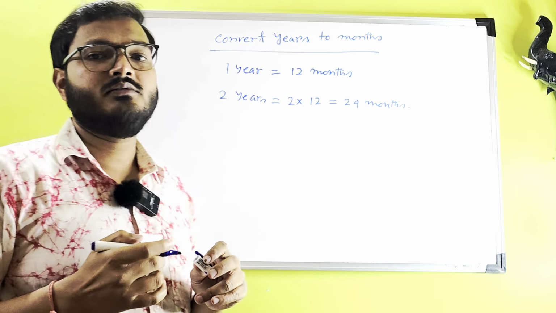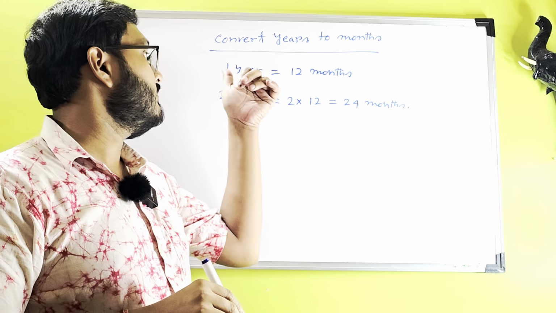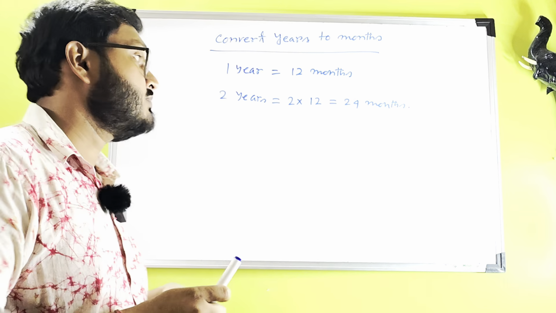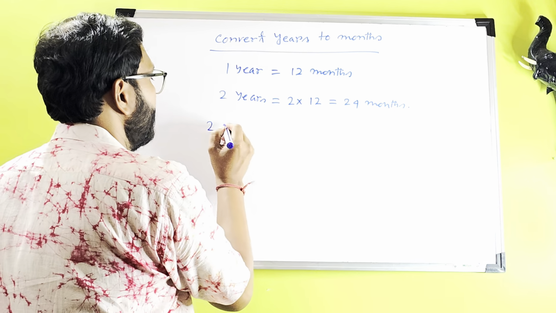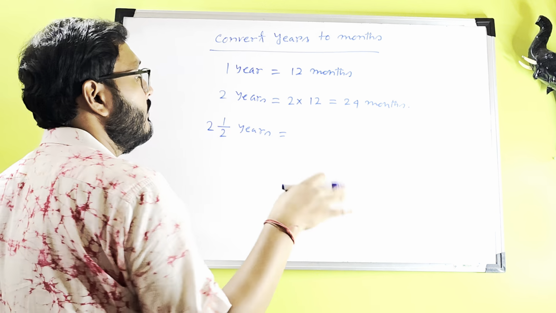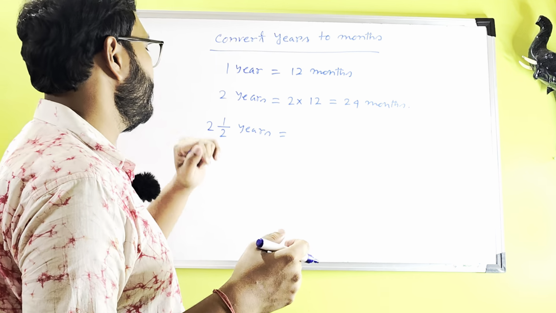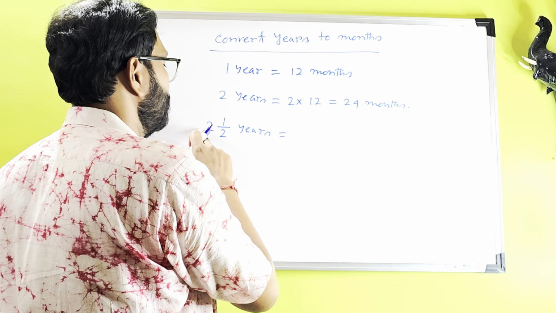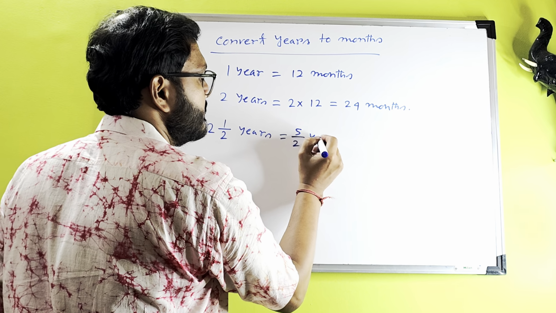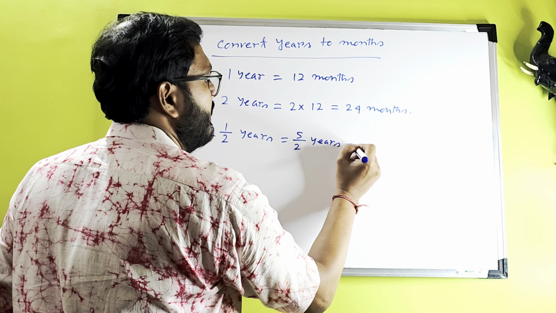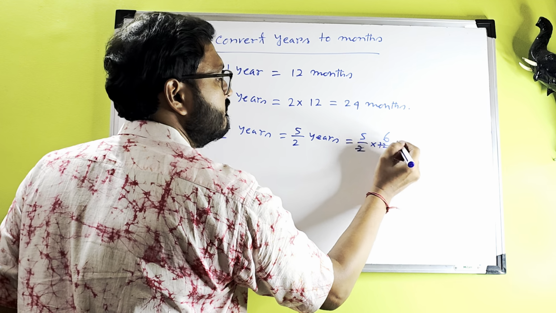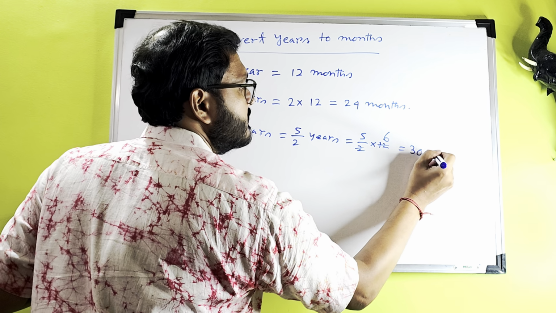Whenever you have to convert years into months, multiply by 12. If it is broken, like 2.5 years, how many months? 2.5 means 5 by 2 years, multiply it by 12, 30 months.